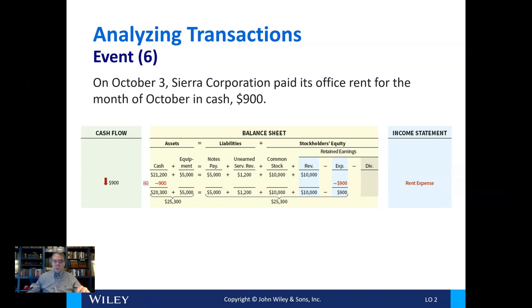So that means it reduces shareholder equity. And so cash is going to decrease by 900, and stockholders' equity is going to decrease by 900. Now this shows negative, but this is just showing you that it means it's decreased. But in reality, this would be a debit to asset and a credit to shareholder equity.